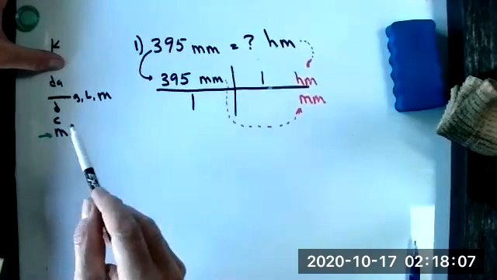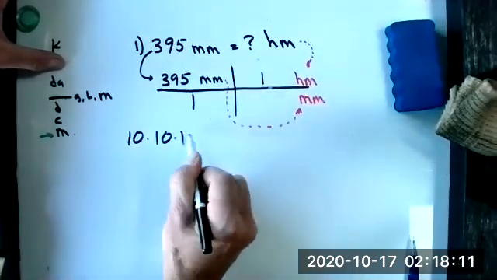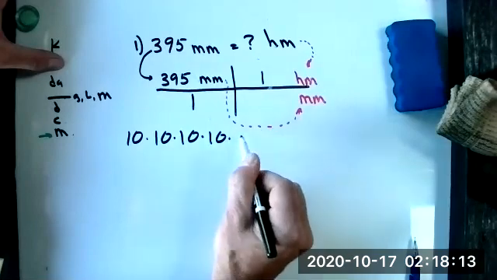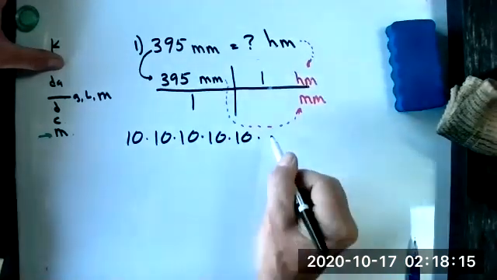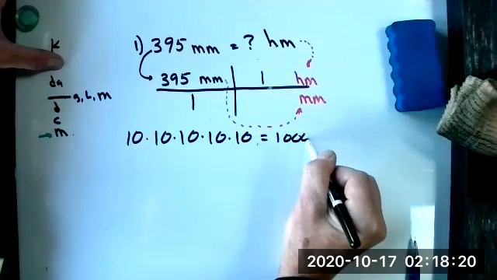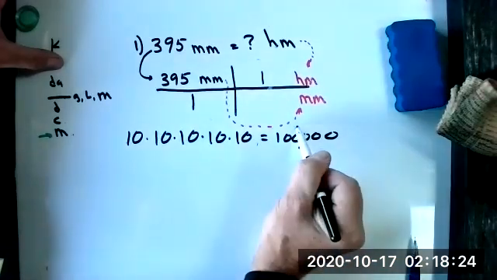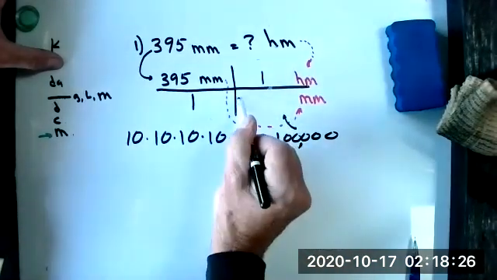That is 5 powers of 10. That, my friends, equals 100,000. And that is what goes right here.